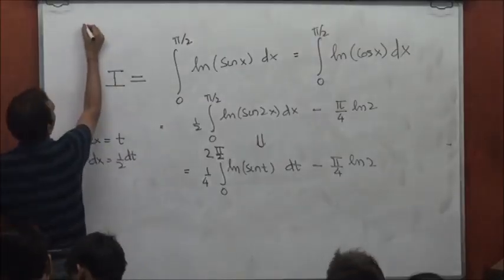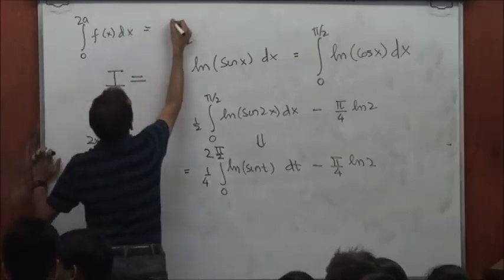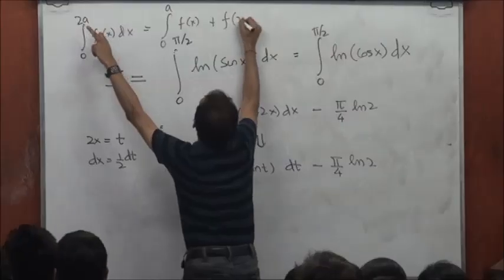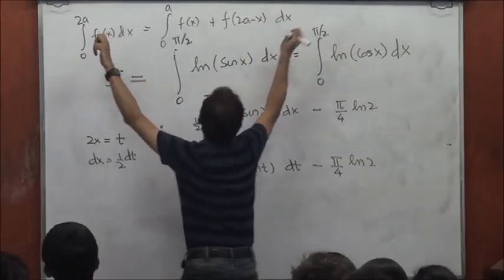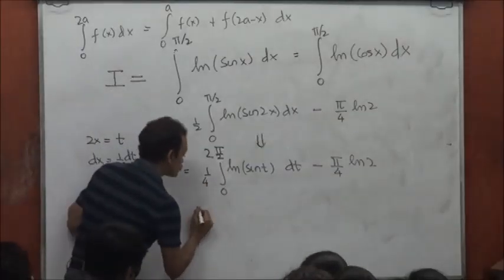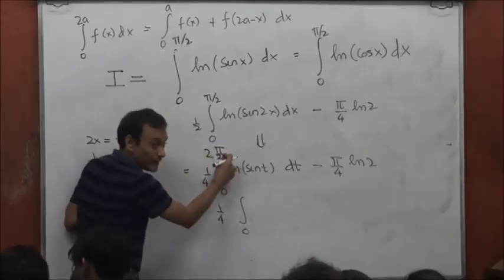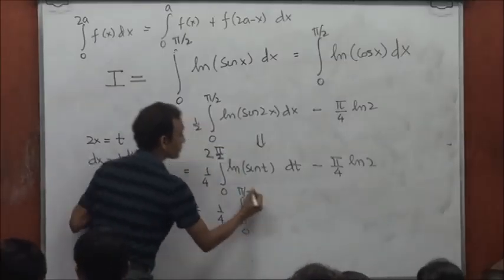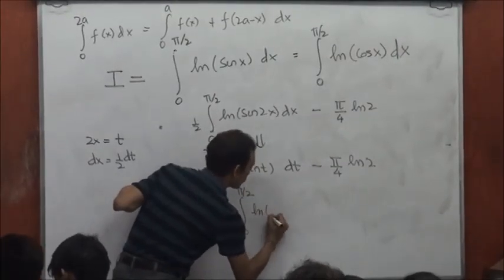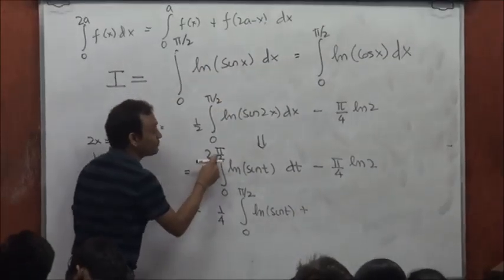The earlier result which I wrote was integral 0 to 2a of f(x) dx is integral 0 to a of f(x) plus f(2a minus x). That was the result that I wrote. So this will be 1/4 of 0 to a, where a is pi by 2, of log f(x), meaning log sin t, plus f(2a minus x), that means f(pi minus t).